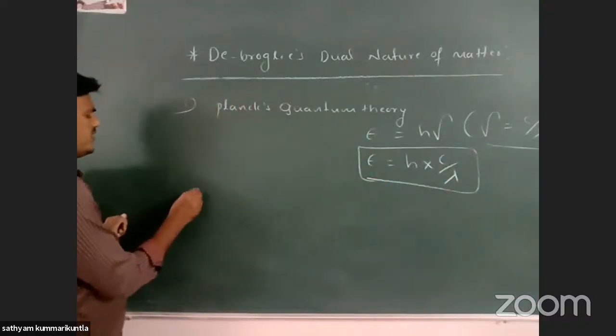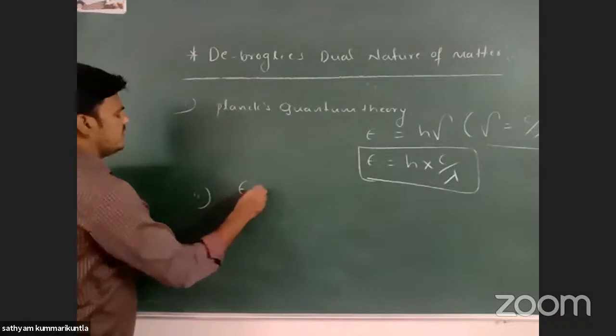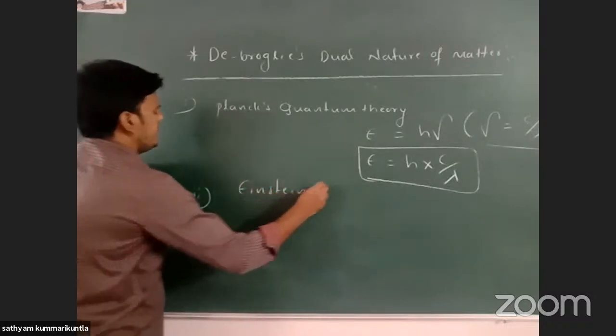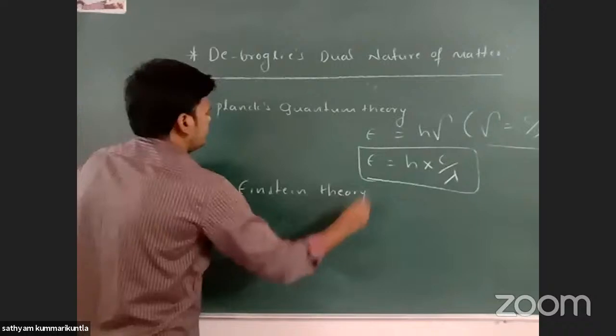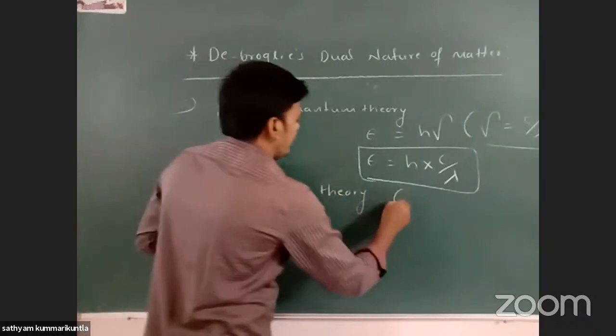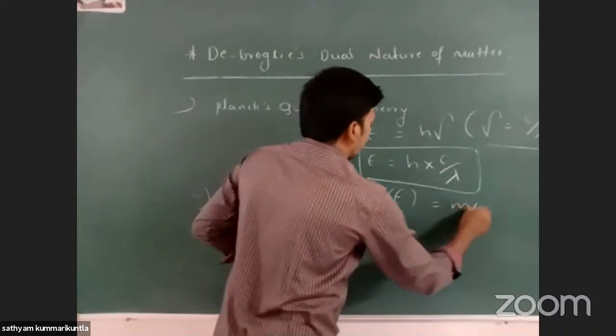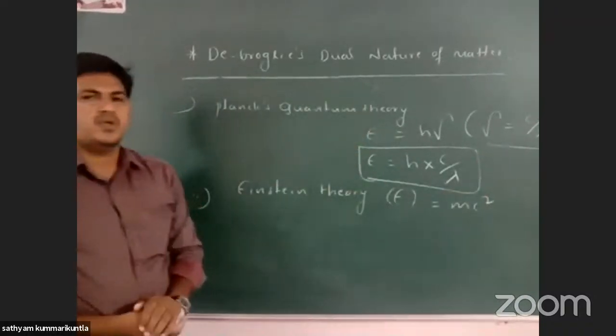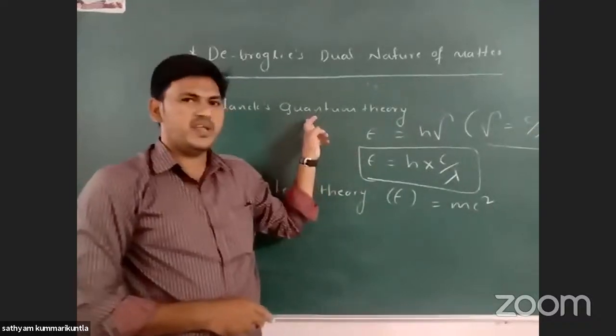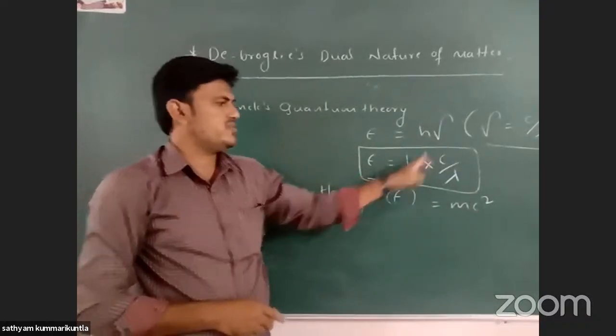Next, according to Einstein's theory, total energy E is equal to mc square. So the first equation, from Planck's quantum theory, is E is equal to h into c by lambda.